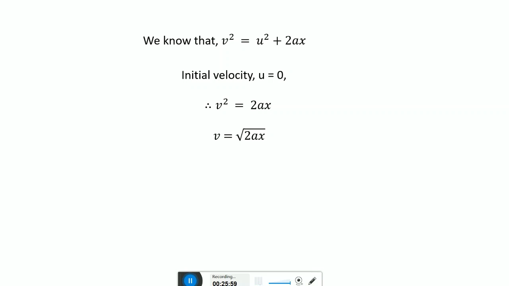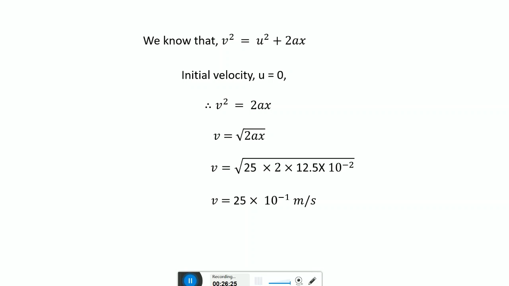Putting value of a and x, we get square root 25 into 2 into 12.5 into 10 raised to minus 2. 25 into 2 into 12.5 is 625, and square root of 625 is 25, and square root of 10 raised to minus 2 is 10 raised to minus 1.